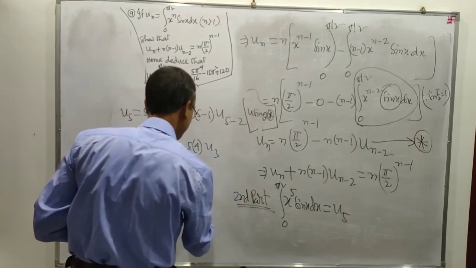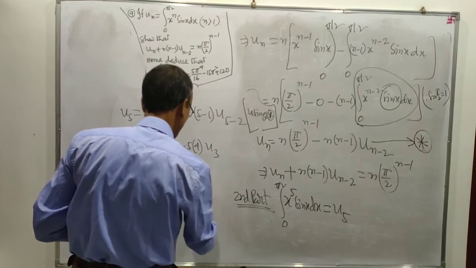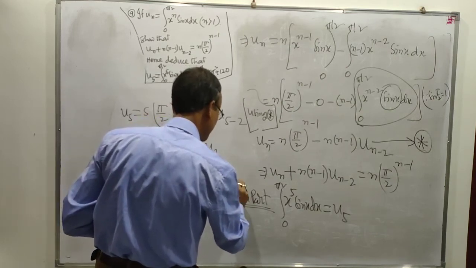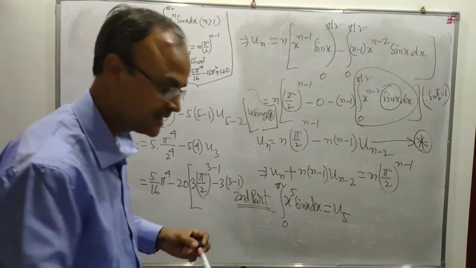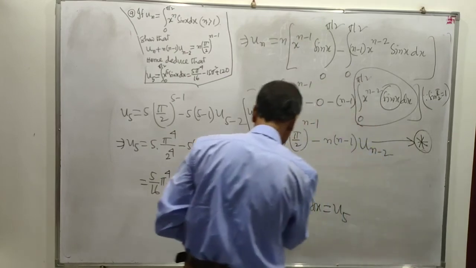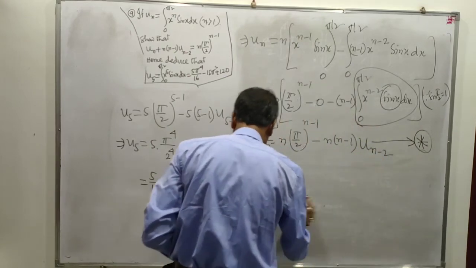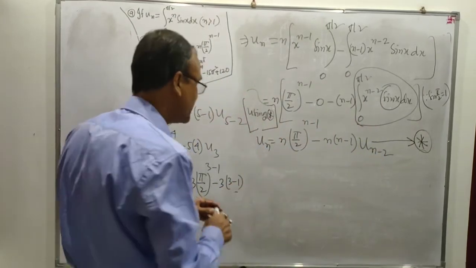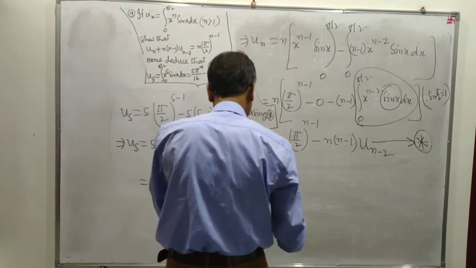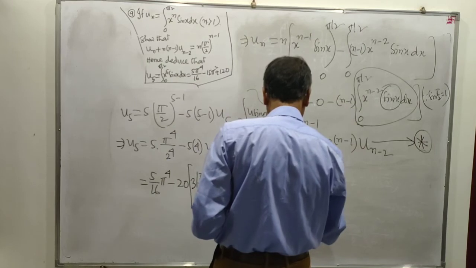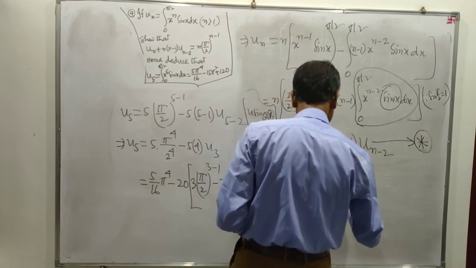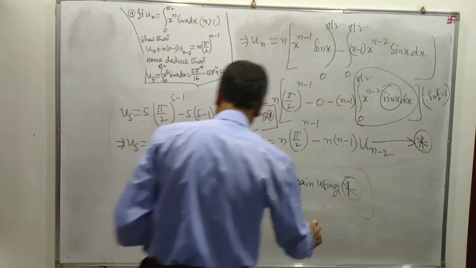Here also 3 into pi by 2 whole to the power 3 minus 1 minus 3 into 3 minus 1 u3 minus 2. Again using star, the equation star.